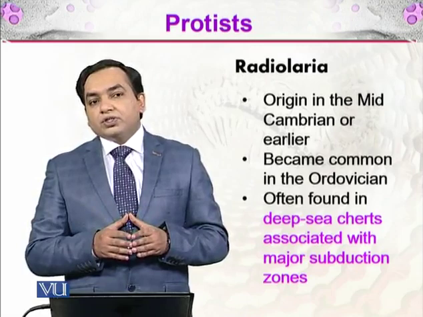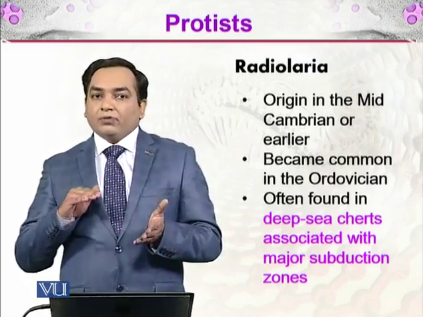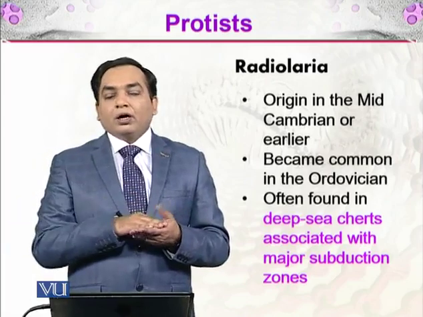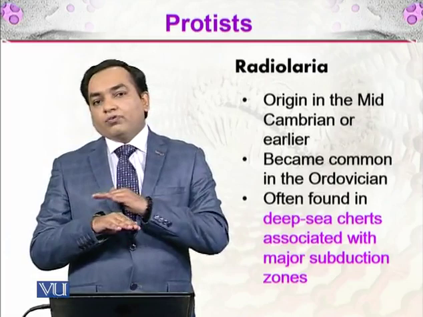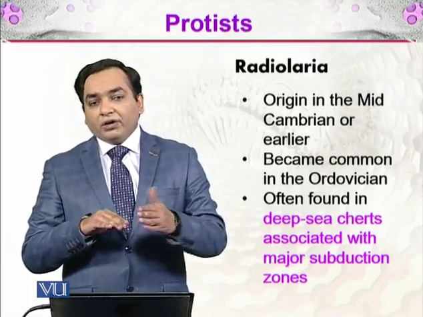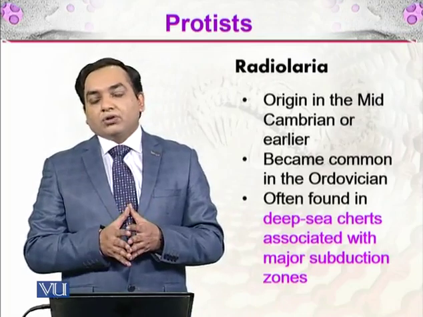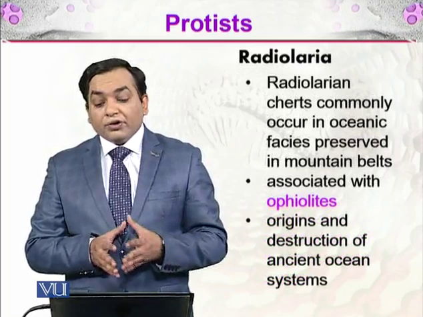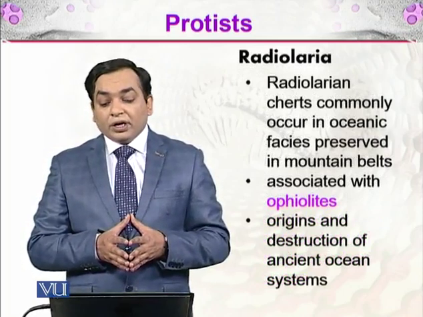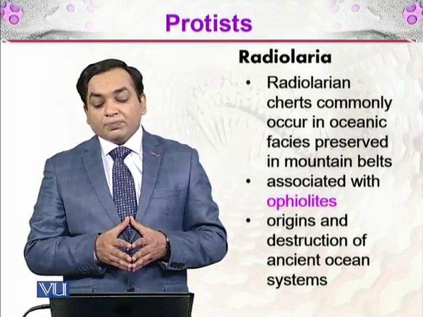And major subduction zones are the zones where, if we go along the continental reef, it rapidly goes down inside the ocean, and that is called a subduction zone. The Radiolarians commonly occur in oceanic facies preserved in mountainous belts.